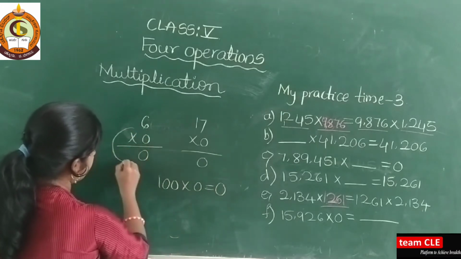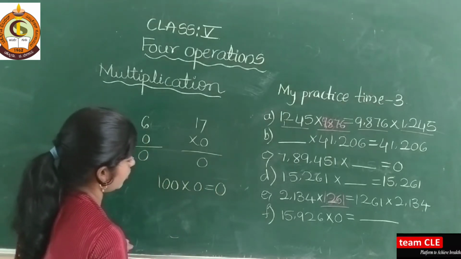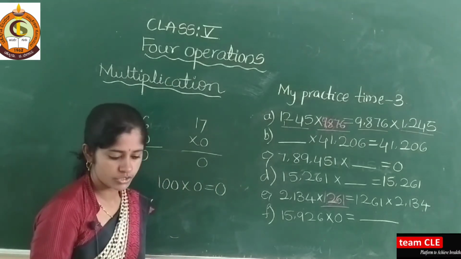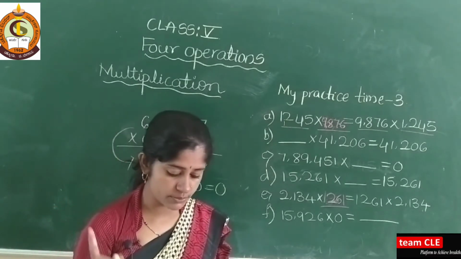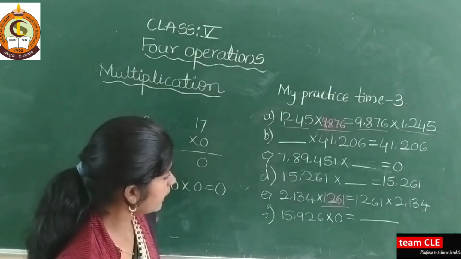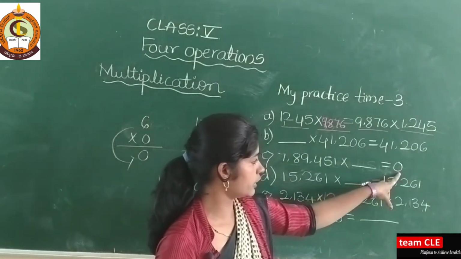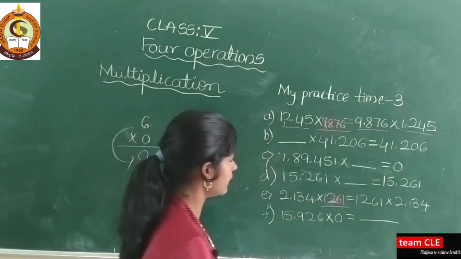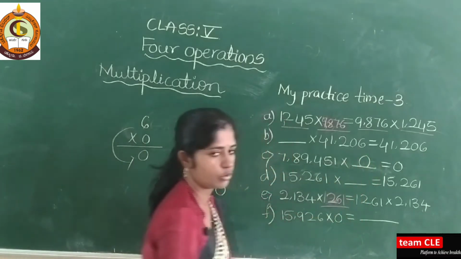If you multiply any number with 0, the product is 0. So here I got product 0, then what can I write here? 0. I hope you understood this.